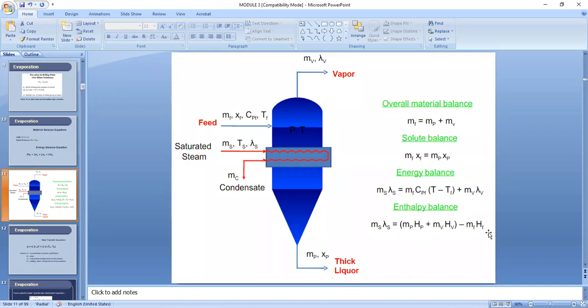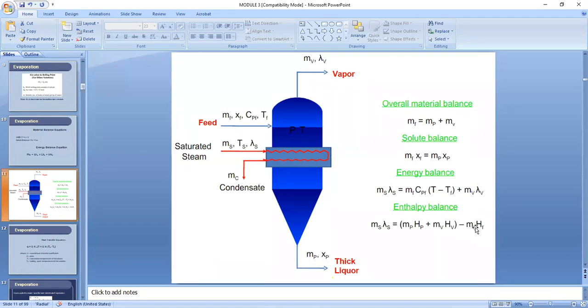Okay? Review your notes, go back to your notes if you don't have a chart for the enthalpy. In the case of NaOH, since it's the most common system used in evaporation problems, it has an enthalpy diagram where you can get the enthalpy of your liquor or your feed based on its solid content. So there's a diagram for that.